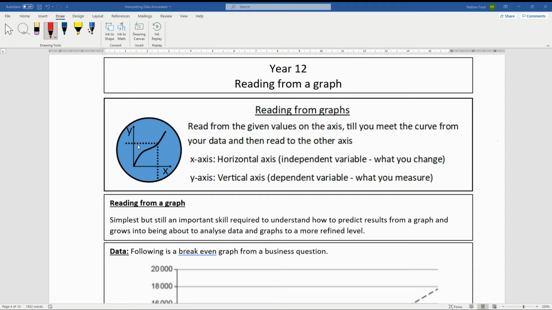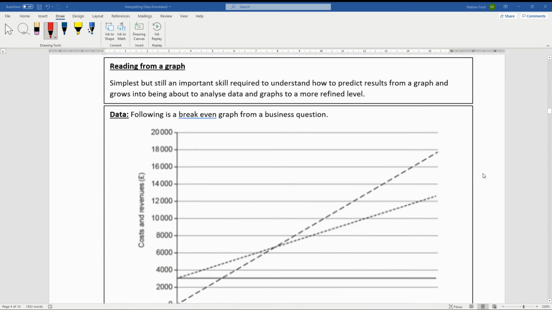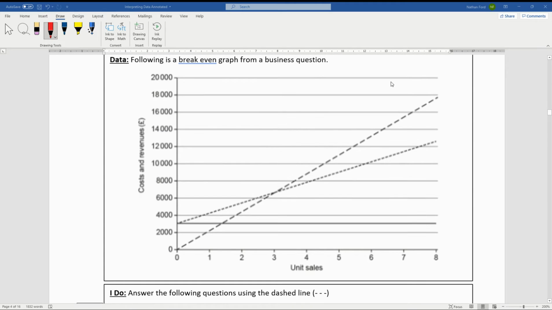Let's just make sure we've got it. The first thing we're going to look at is this one here. This is a break-even graph from a business question. There are three graphs here, and you would actually have to understand what all of them mean from just what you've been given.